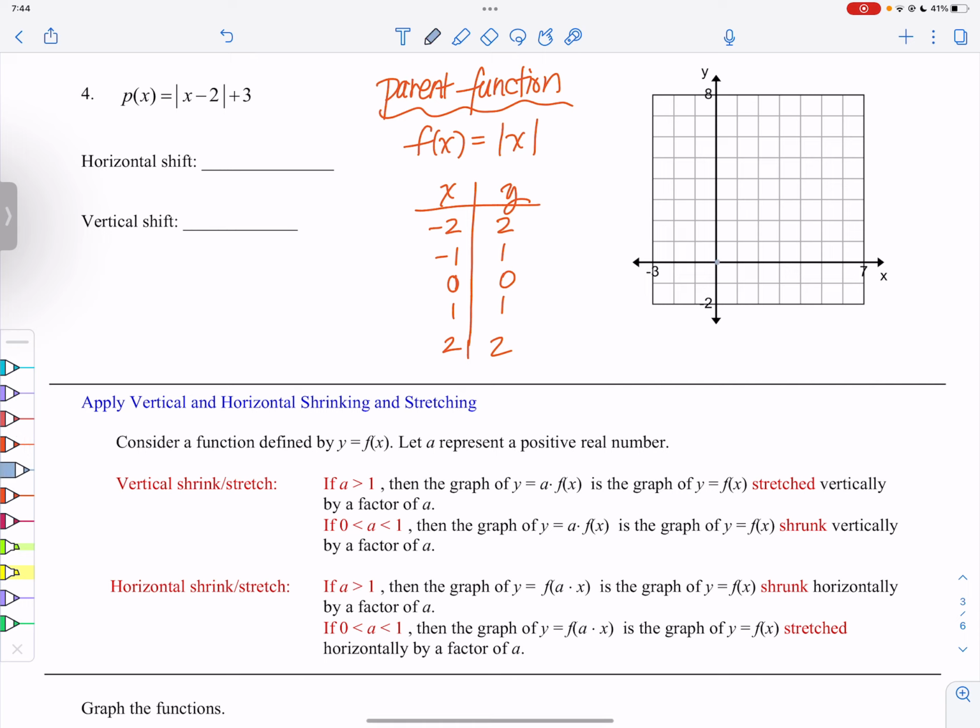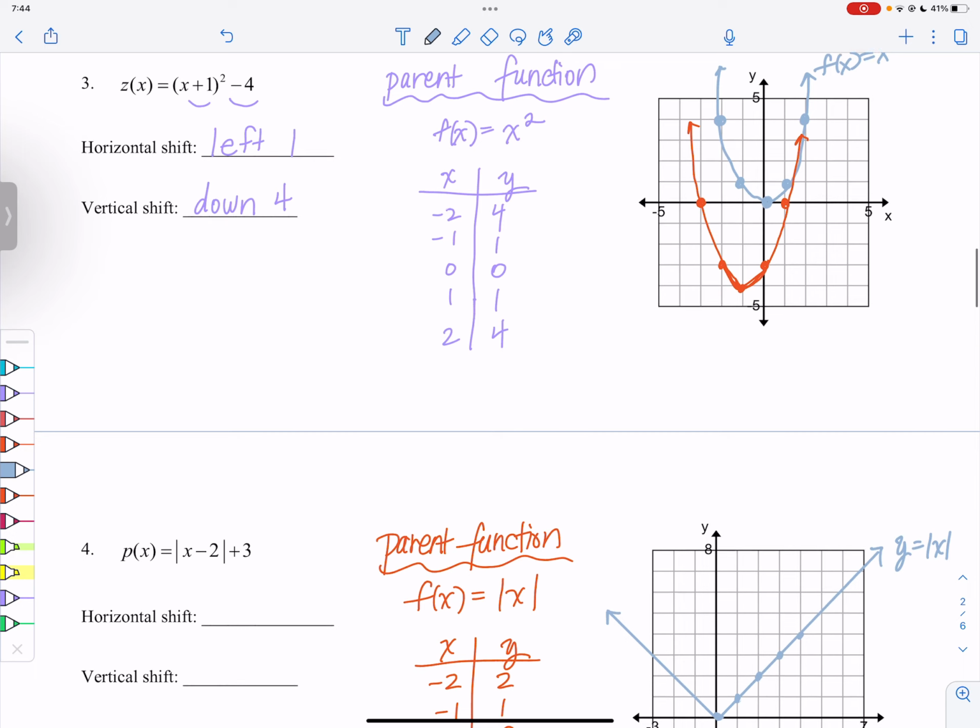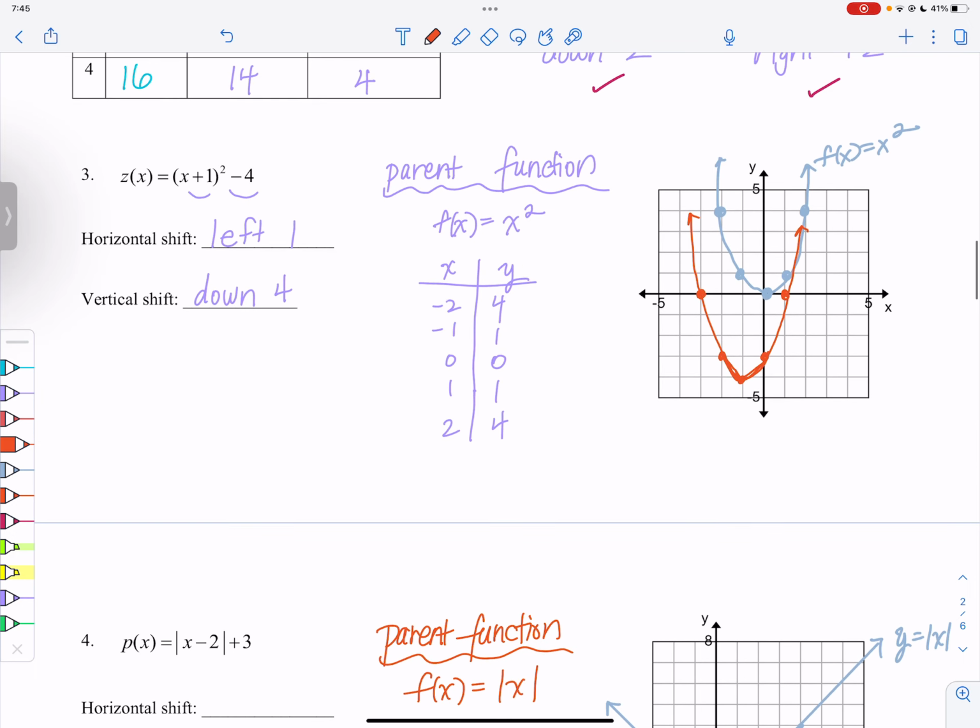And as you can see, the absolute value graph is always the shape of a V. And we can bring that through here. Just like that. And that is y equals the absolute value of x. And you know what? I should have labeled this down here as z of x. And that's where we went left 1 and then down 4.